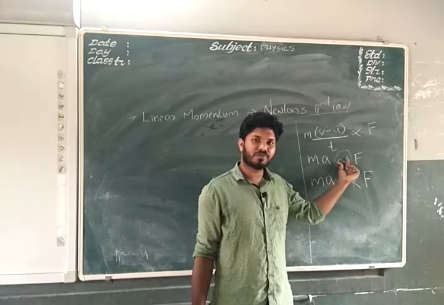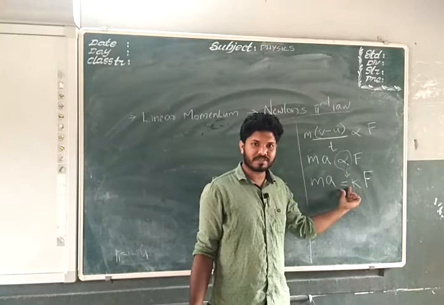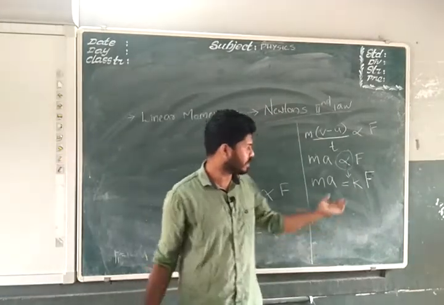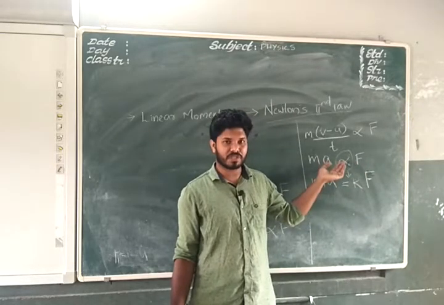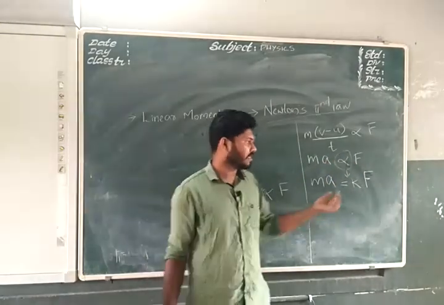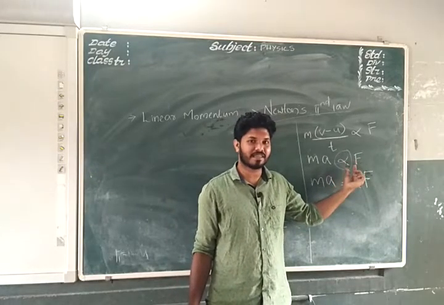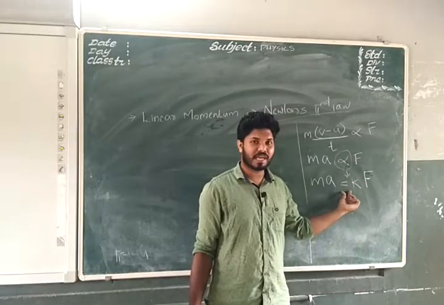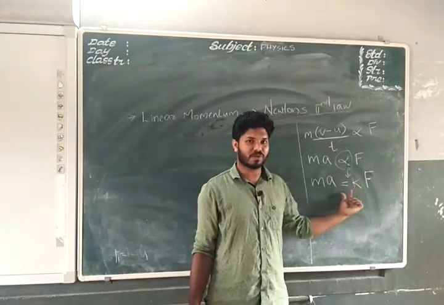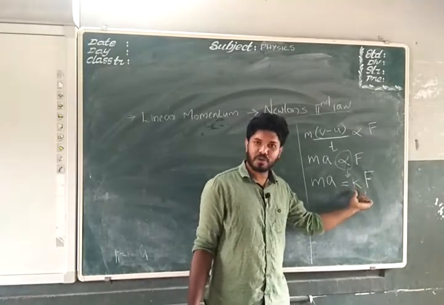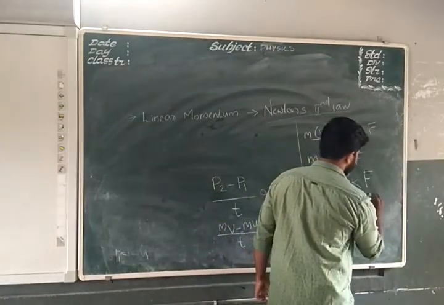Because we can't solve any problem if there is a proportionality sign in the equation. So we are making an equation, and in that equation there should not be any proportionality sign. So in order to remove it, we introduce an equal to sign, and there will be a constant term along with it. This k is called the constant of proportionality.